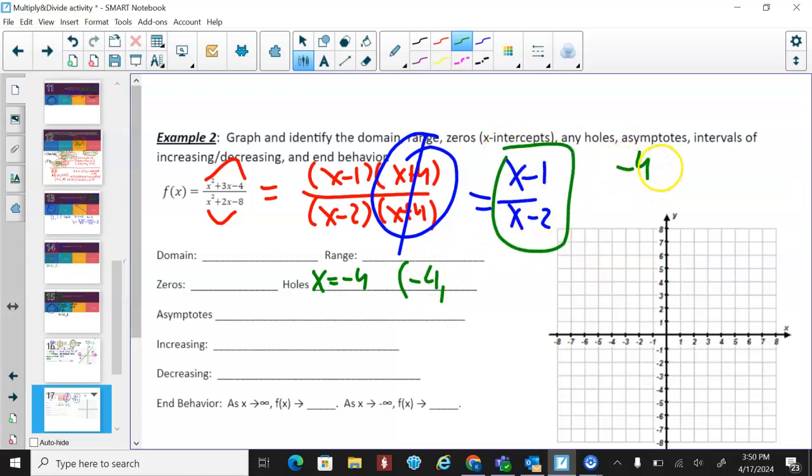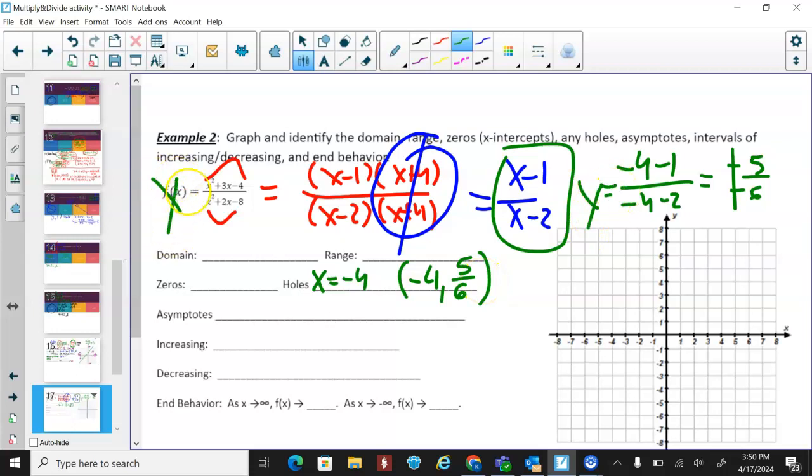So -4, and instead of the x, -1 over -4 minus 2. So that's going to be -5 over -6. So 5 over 6. Yeah, 5 over 6 is my y value, because this is y equals, okay? F of x means y equals, okay? So that's my hole. You take the repeated factor, you equal it to 0, and then you plug it into the simplified version, okay?